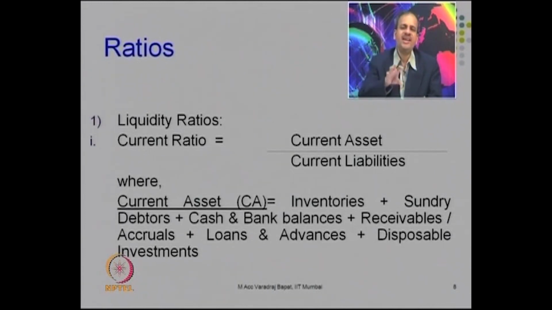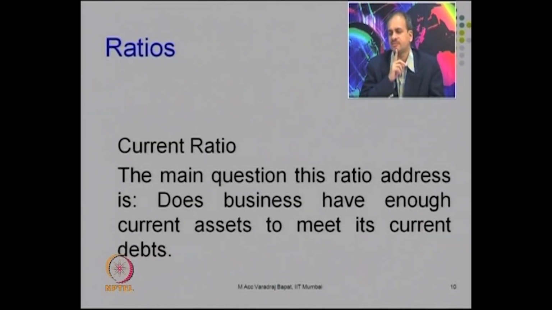So what we can find is how many times are the current assets upon current liabilities. Because for a stable business, in order that it can meet its liabilities, it is very important that it has sufficient current assets, and this sufficiency is shown by current ratio.